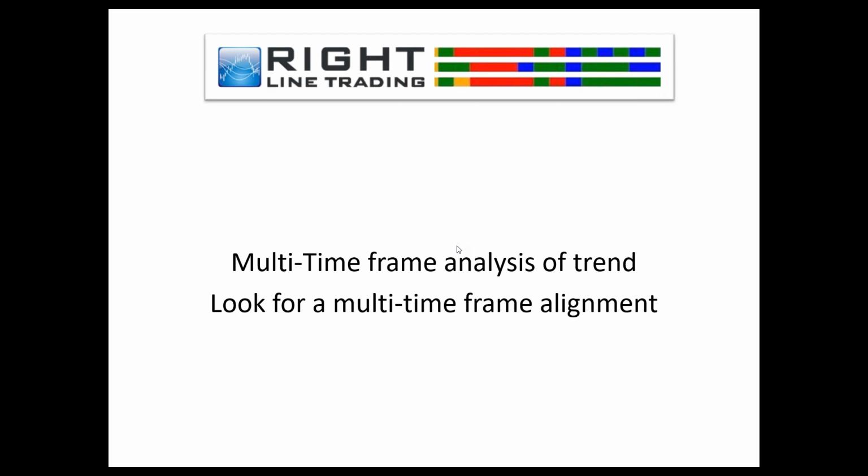And what it's going to look for is for all 3 time frames to align, your trading chart along with your two higher time frames. And it does so in a really elegant way so that it tells you even more than just the trend.